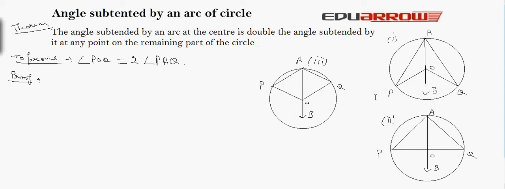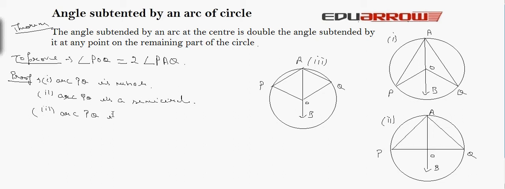Now let us take three cases as in the figure: first, second and third. That is, the first case is arc PQ is minor, the second is arc PQ is a semicircle, the third case is arc PQ is major.